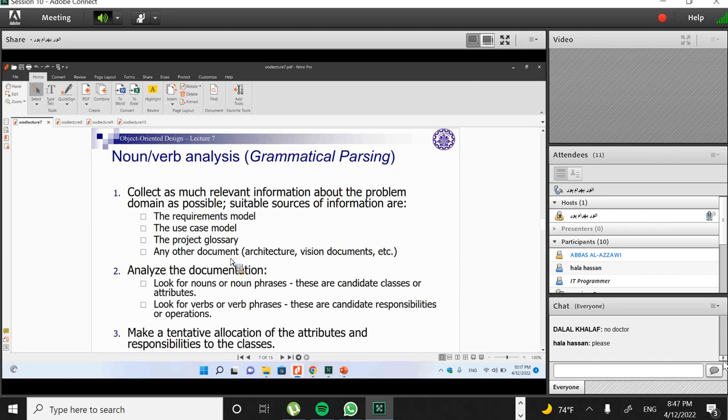But there are several materials in large projects, such as a use case model and project glossary, or architecture or vision documents. Each of these has its own definition, and in this lecture, I hope you will be familiar with some of these terms.